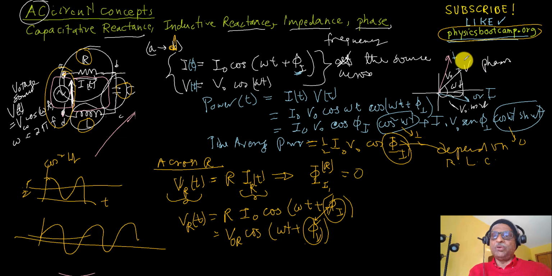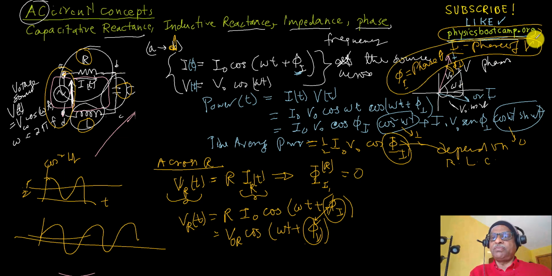If you go out here, the phi I, this was the phi I for this case. So phi I is basically the phase of I minus the phase of V. So that's the definition for V of the source.